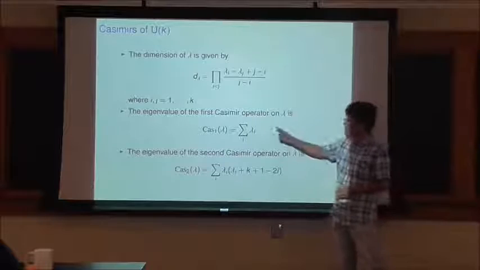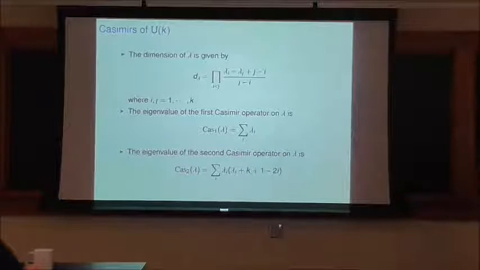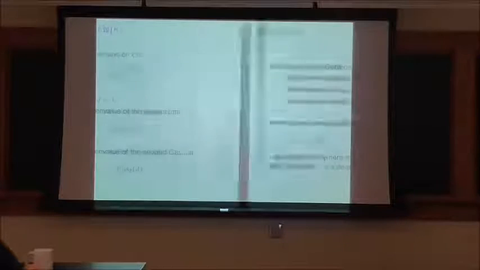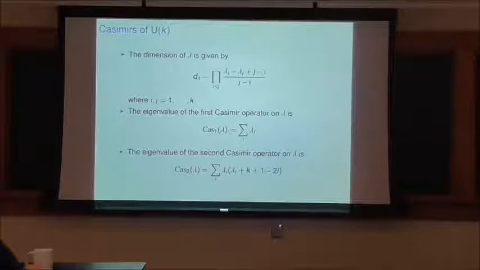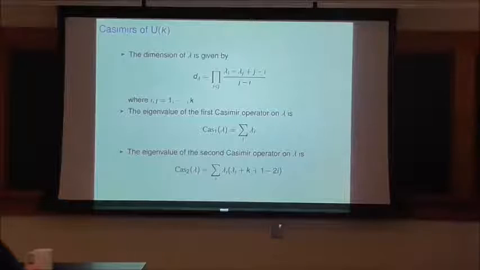So we have to be able to compute the Casimir operators acting on a particular representation. The eigenvalues are given like this, and it's actually very simple to compute these. So up to this point, you can write a computer program to scan for all possible anomaly-free 0,2 gauge theories in two dimensions. You can pick any one of them and analyze them.